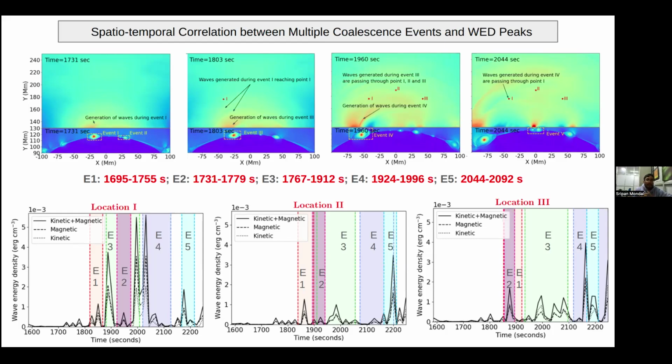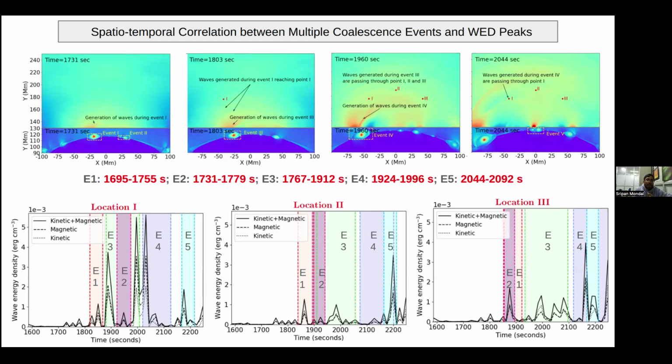So we have considered how the coiled plasmoid is moving with time and then calculated the distance between the instantaneous position of the plasmoid and the locations 1, 2 and 3, and then considered an average propagation speed of 500 km per second to find out the rough wave arrival time if it is generated due to certain events.